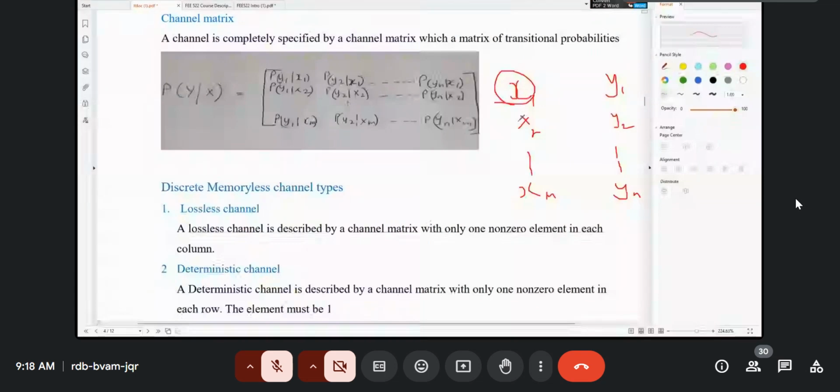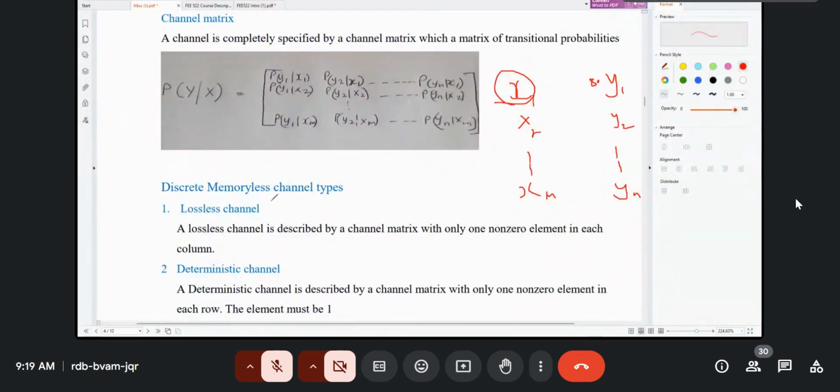Ideally, if it's a noiseless channel, M should be equal to N, and when X1 is transmitted, only one Y should be the output. But we know that's not the case. Sometimes you may have some probabilities, maybe 0.8 that it is Y1, but there's also a 0.2 chance that the symbol will be Y2.